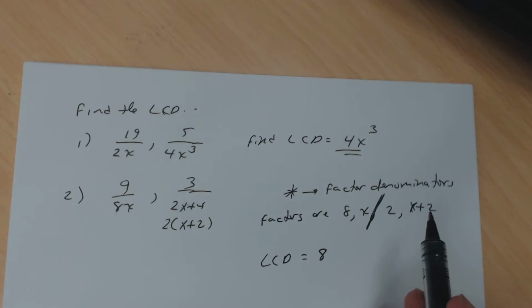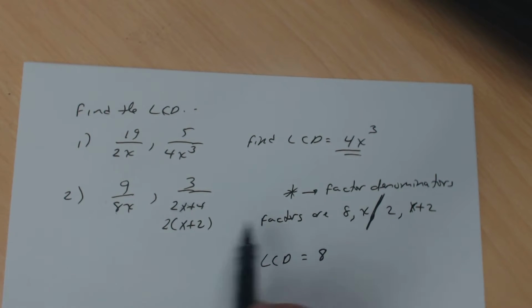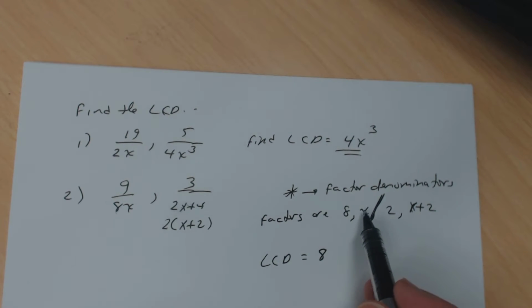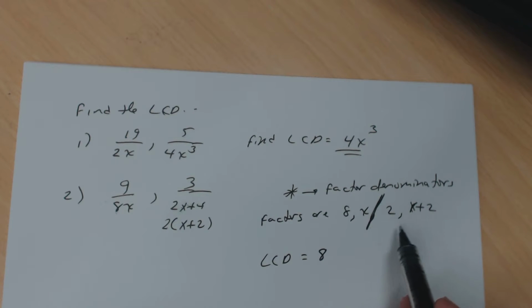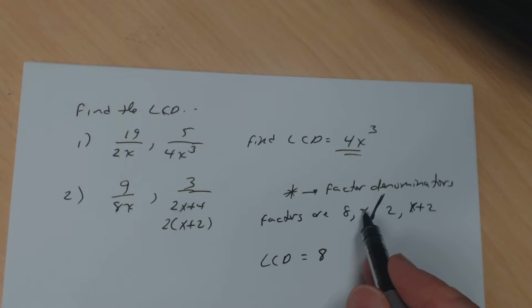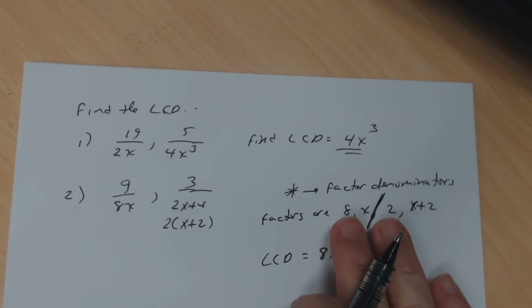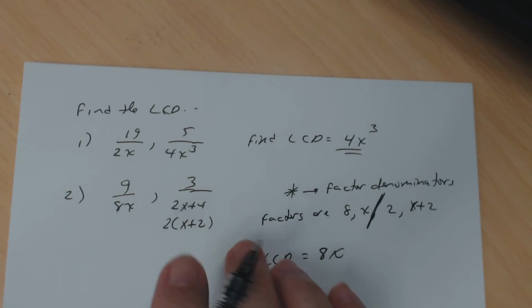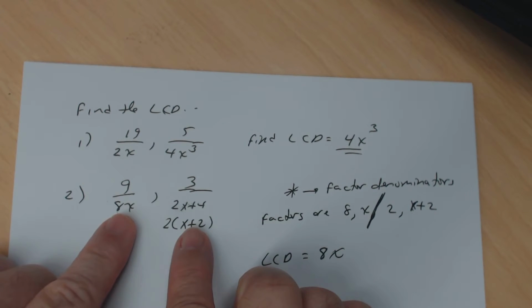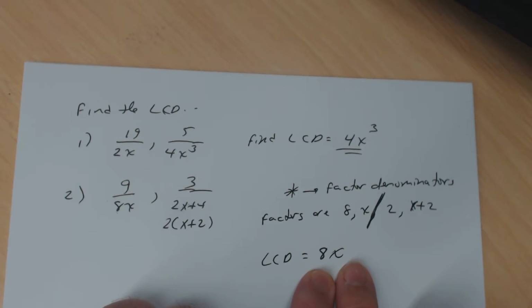Now, let's look at the next factor of this first denominator. I have an x here as a factor. I don't have any x here as a factor. I only have one factor of x here, so I'm going to need x in my LCD. If it occurs as a factor in any of the denominators, you're going to need it in your LCD.